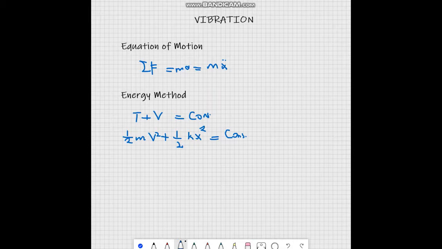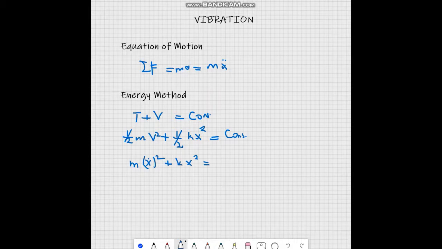Let's take the derivative of both sides. Let's take out 1 over 2, so we have m. Instead of v, we know that the velocity is the first derivative of displacement, so x dot squared, plus k x squared, is gonna be again a constant.